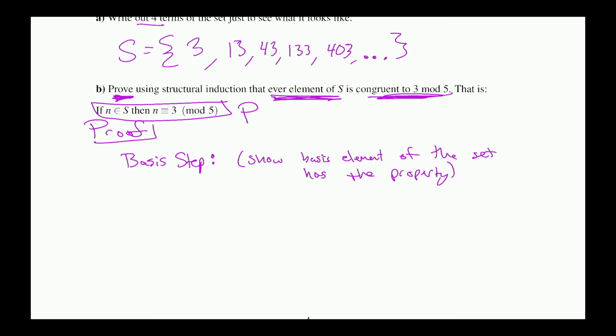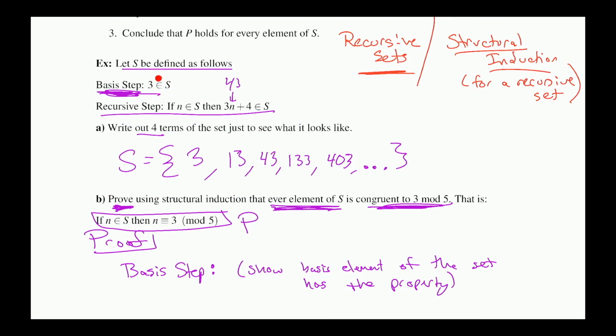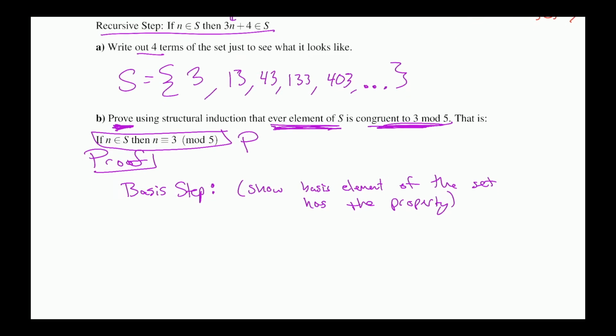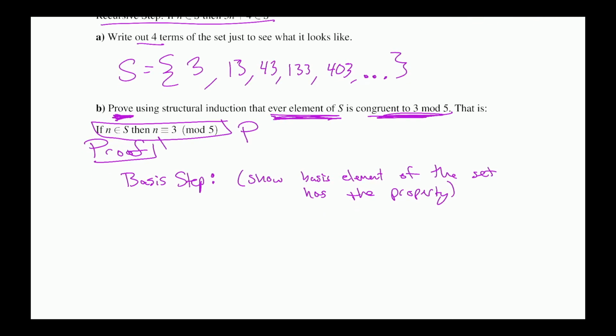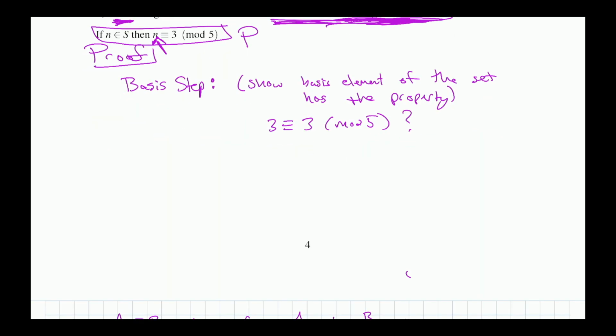The property is congruent to 3 mod 5. Okay, what's the basis element of the set? It's 3. So what we would be showing is 3 is congruent to 3 mod 5. That's what we would be showing, right? Because we're supposed to show every element of S is congruent to 3 mod 5. Well, is 3 congruent to 3 mod 5? Of course that's true, right? 3 is congruent to 3. True.